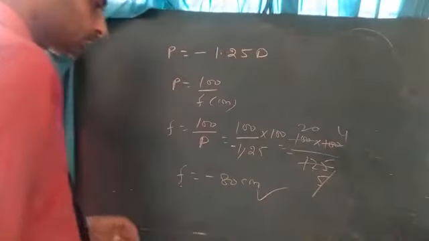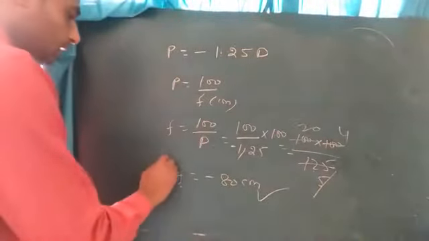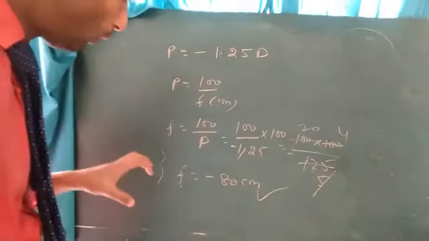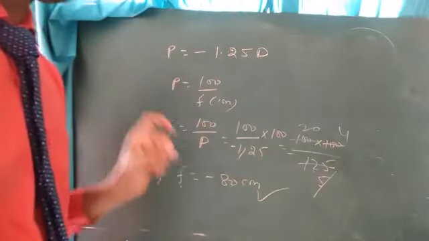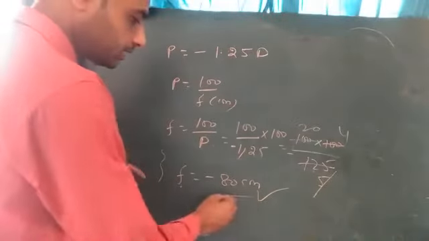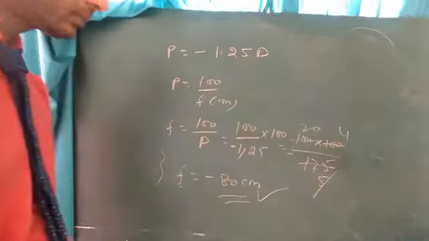It means the focal length of a lens which is used in correction of myopic defect is minus 80 centimeter.